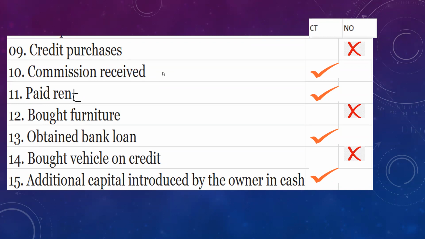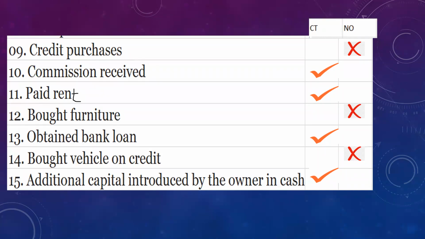For example, obtained bank loan. We can clearly understand 100% obtained bank loan means we receive money. If you obtain a loan, we don't receive anything else. We receive money definitely. Likewise, when you buy furniture, you pay money.